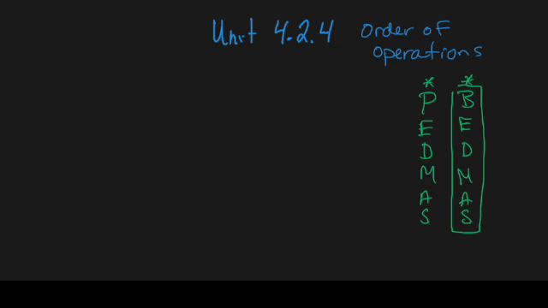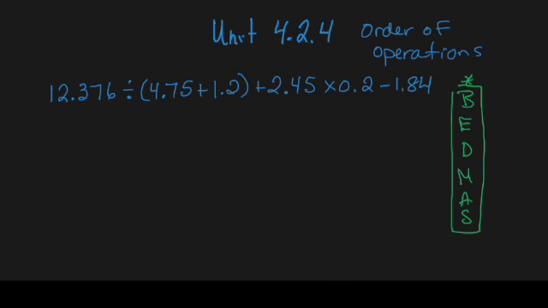We're going to take a look at the following equation. The first thing we're going to want to look at, and of course following our BEDMAS, is our brackets. So here we go. We see our brackets are here, and I'll underline them in red. So this is the first mathematical operation that we need to do in order to solve this correctly.